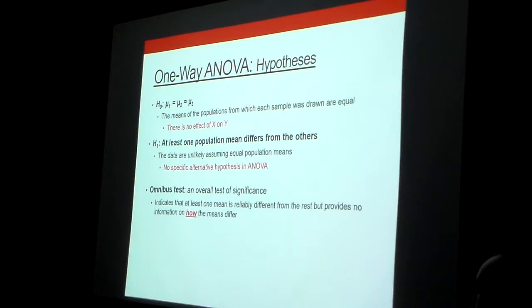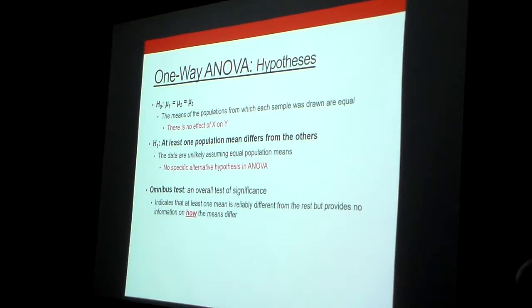Okay, and so this gives us an omnibus test. An omnibus test is an overall test of significance. When we get a statistically significant omnibus test, it's saying at least one of these means is reliably different from the rest, but it doesn't tell us how these means differ, right? This is just throwing everything in there and asking, do we have evidence that something's going on?